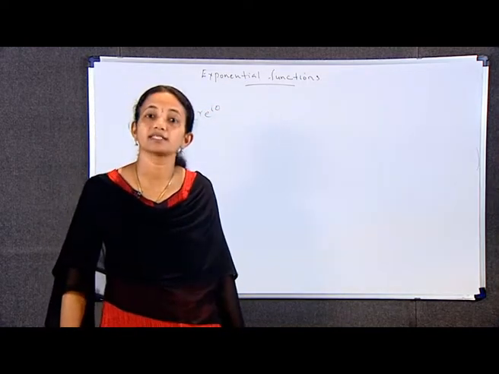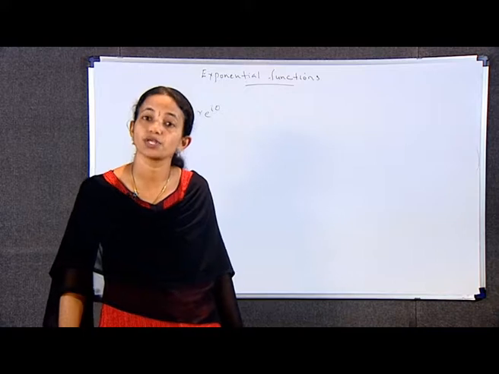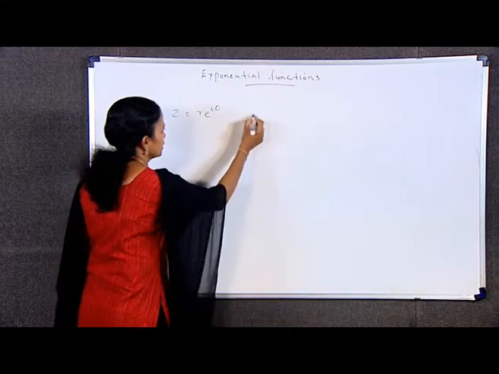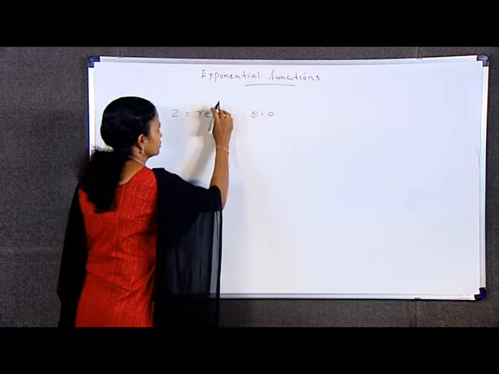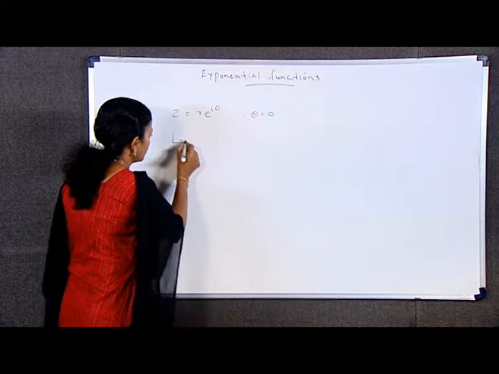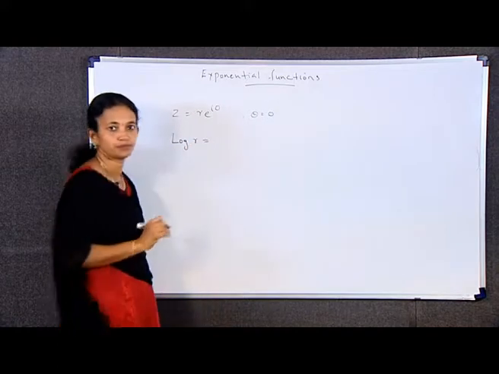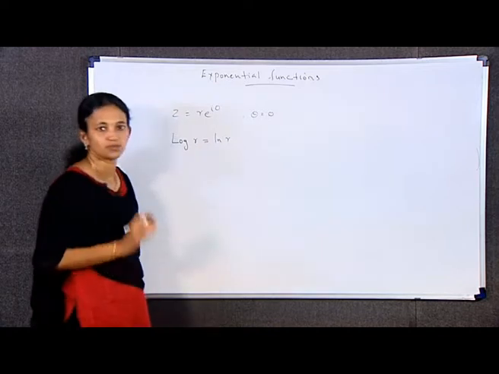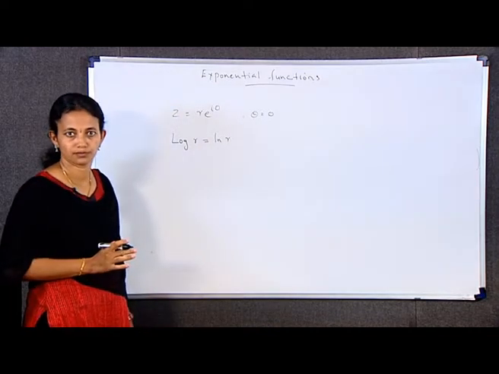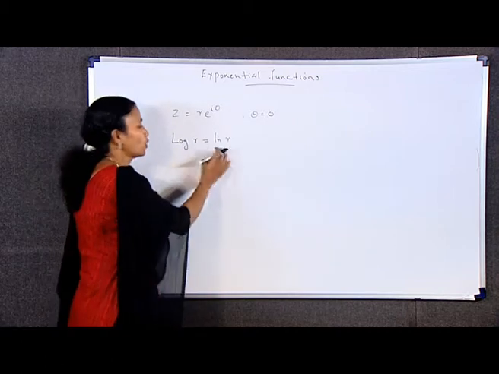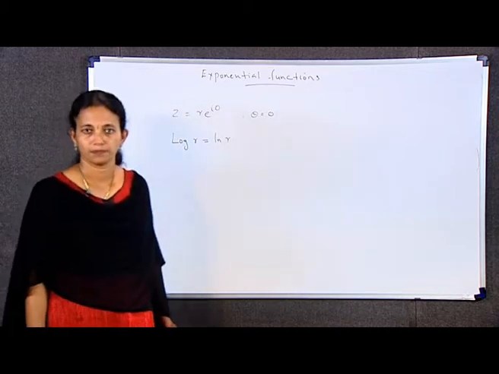Then with theta equal to 0, equation number 4 gives log r is equal to ln r. So, this is the proof. That is, theta is equal to 0, our equation number 4 reduces to log r is equal to ln r.